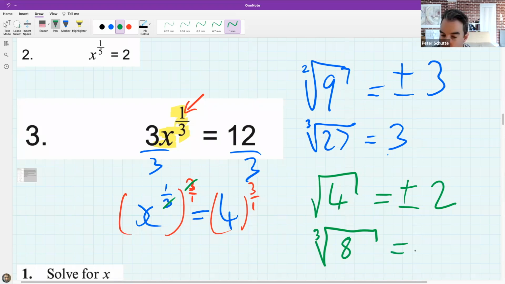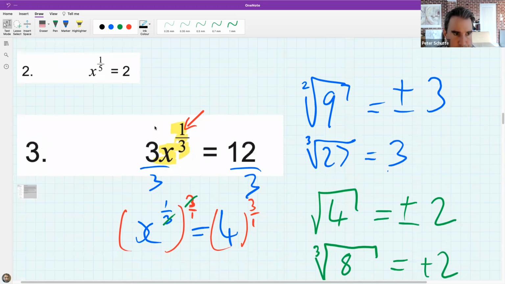Cube root of 8 cannot be minus 2. It's only going to be plus 2, because 2 times 2 times 2 is 8, but minus 2 times minus 2 is plus 4, and plus 4 times minus 2 is minus 8. So I'm just trying to show you that it matters whether the root is even or odd. Now, let's go to a question where I can bring this out.